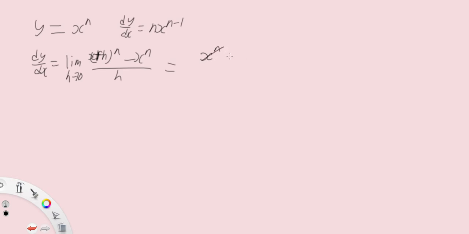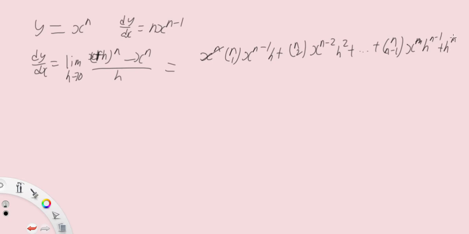So I start from the second term onwards, I'll get n choose 1, x to the power of n minus 1 h, plus n choose 2, x to the power of n minus 2 h squared, and so on, plus n choose n minus 1, which is actually just n, x h to the power of n minus 1, then lastly h to the power of n.